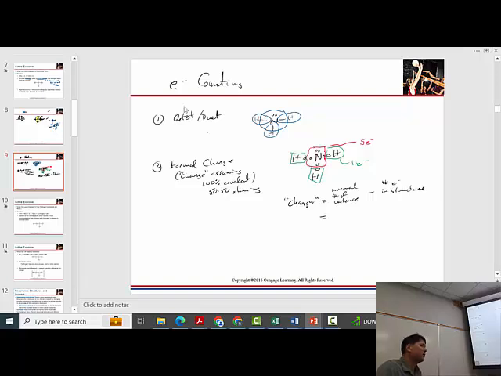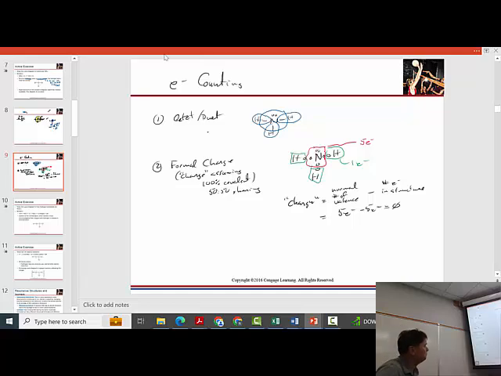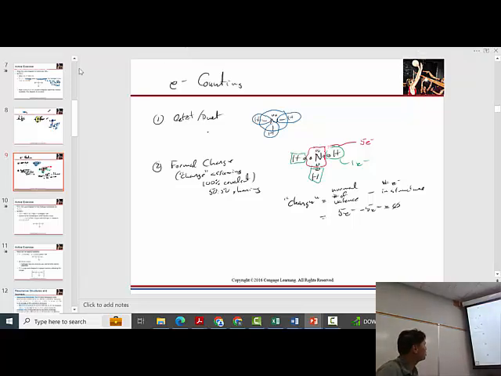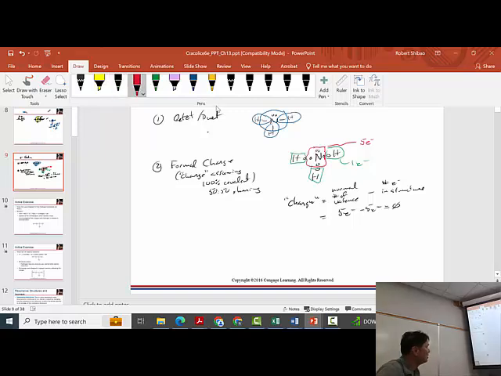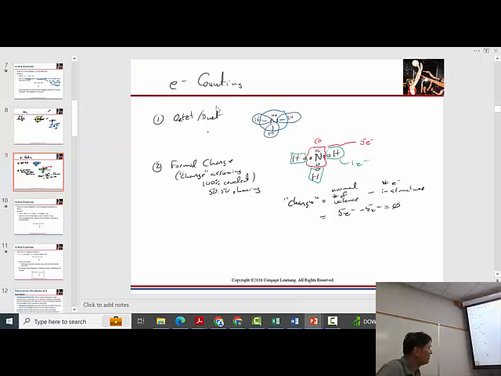So for example, how many valence electrons does nitrogen normally have? 5. How many does it have in this structure? 5. And so the charge is 0. Formal charges we circle. And so the formal charge here is 0. But normally we don't write 0 because there are a lot of 0 formal charges. Okay, this is for nitrogen. How about the hydrogen charge?